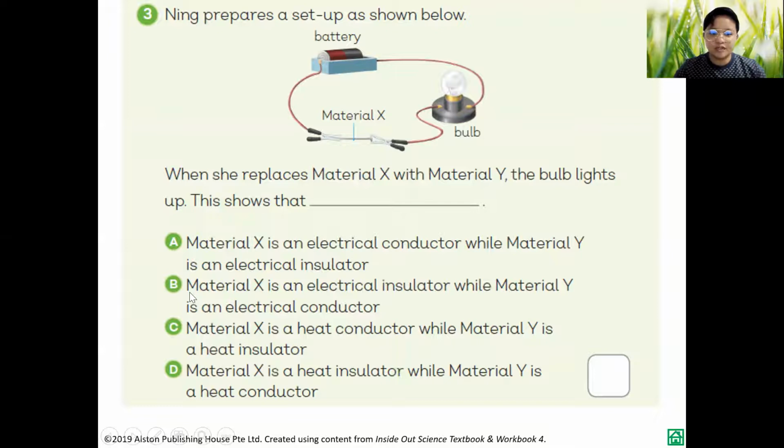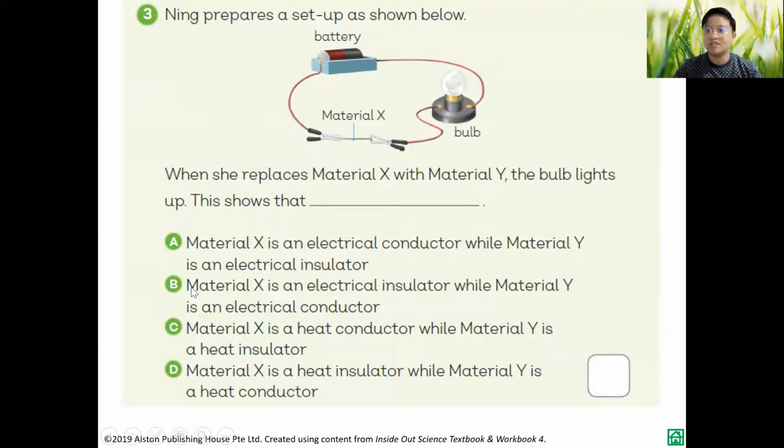If letter A were correct, material Y would be an electrical insulator, and it would not light up, right? Because electrical insulators do not allow electricity to pass through.